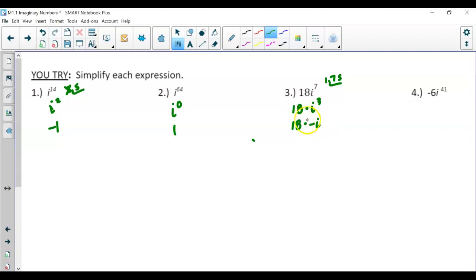So 18 times -i is -18i. Then the last one here, when you divide 41 by 4, you get 10.25, which is 1/4. So bring down the coefficient, -6 times i to the first power, because you had 1/4. So -6 times i is -6i.